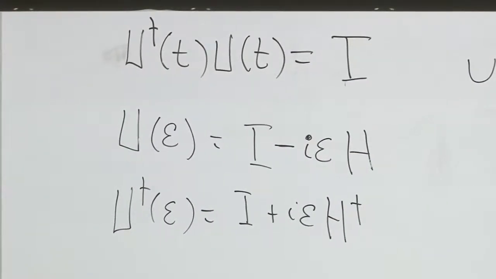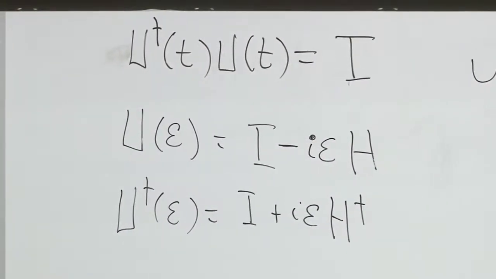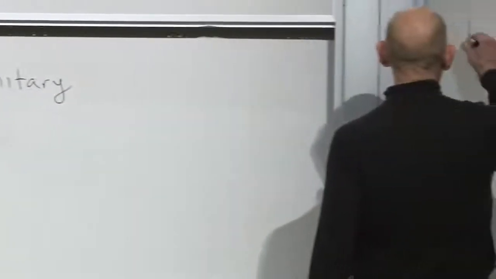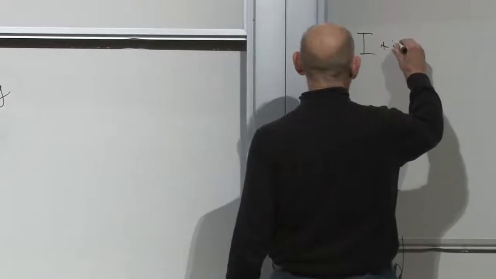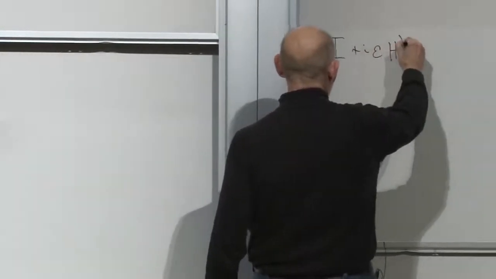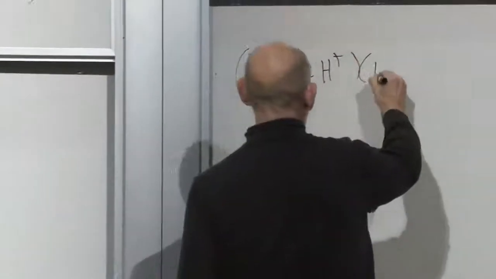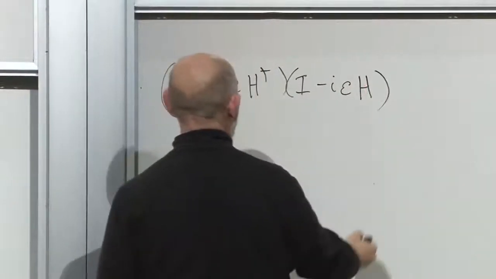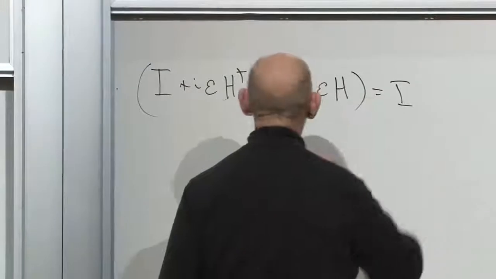So what do we have? We have U dagger is 1 plus i epsilon H dagger, times 1 minus i epsilon H. That has to equal 1.